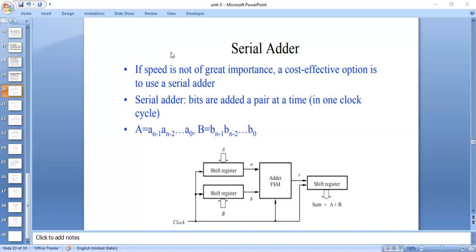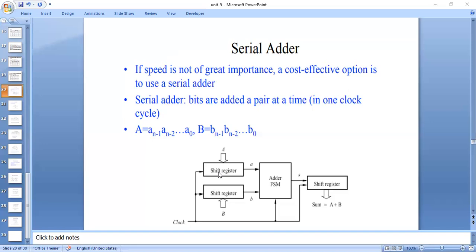To apply these two inputs, we need a shift register. For example, if you want to perform an addition of two 4-bit numbers serially, we need two 4-bit shift registers like this.